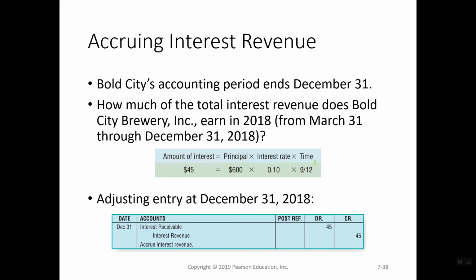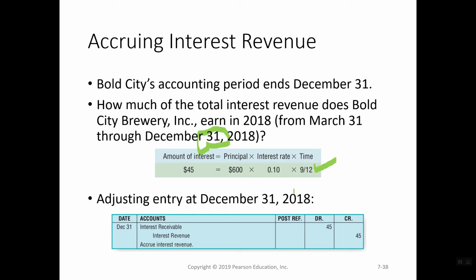Now, the most difficult part of a note receivable has to do with when you have 2 different time periods. In other words, this is the end of December 31st, and you have to make up your financial statements. The note runs from March 31st, and this is a 12-month promissory note. So we have to do an adjusting entry on December 31st for the 9 months that have already passed, from March 31st to December 31st.